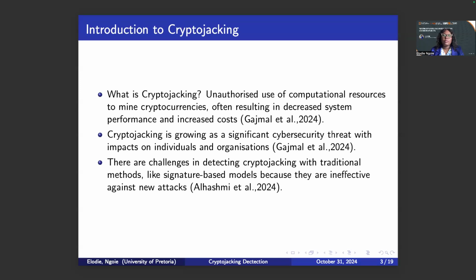In some cases, it even goes to hardware damage. With cryptojacking growing in so much sophistication, traditional detection methods like signature-based models struggle to keep up, especially when it comes to emerging threats.